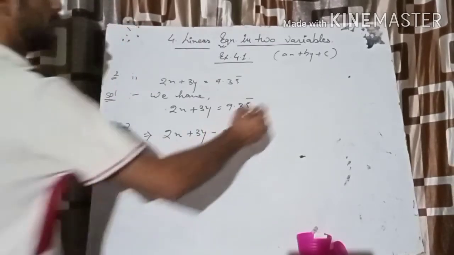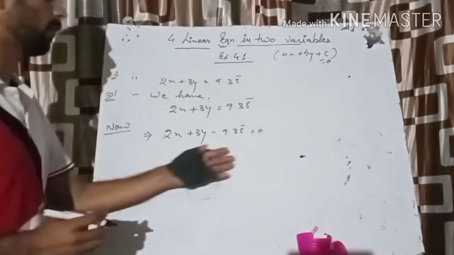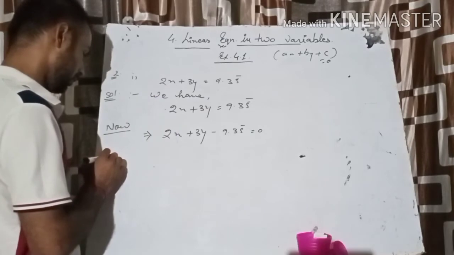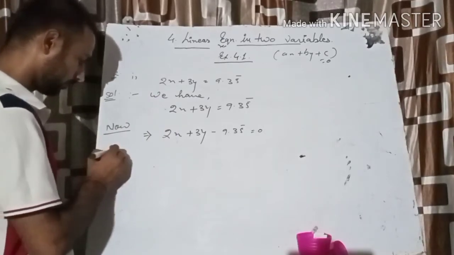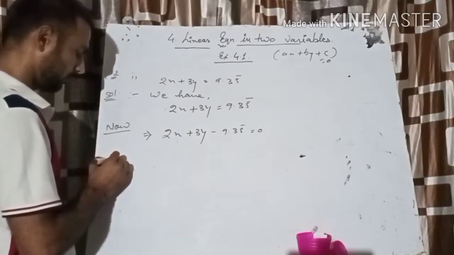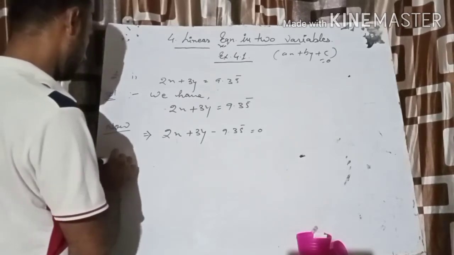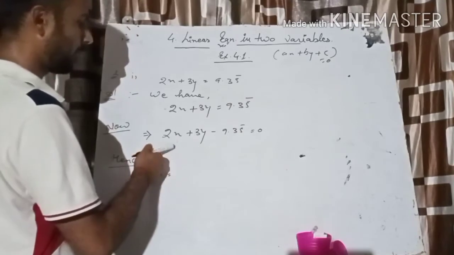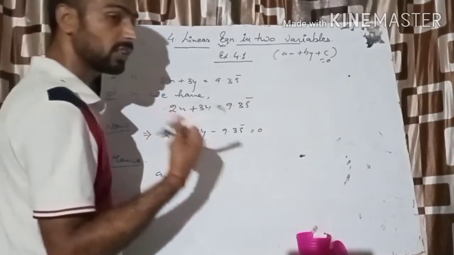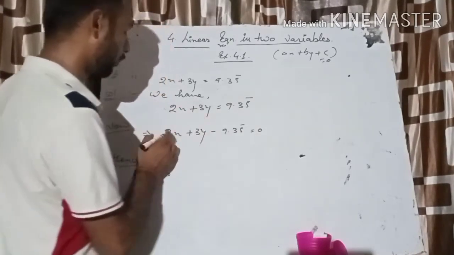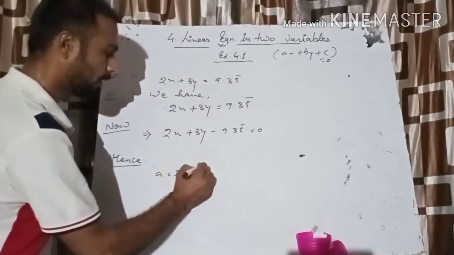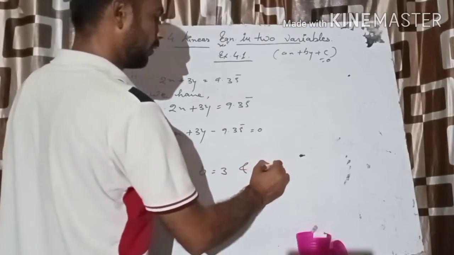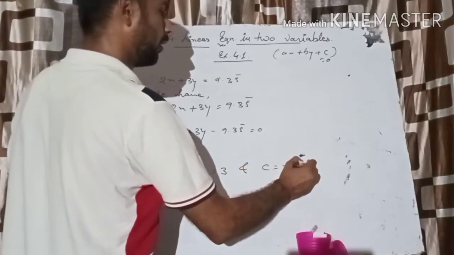So here we have already converted it into the standard form of the linear equation in two variables. Hence, compare this equation with the standard form. What is a? Here 2. What is b? Yes, 3. And what is c? c equal to minus 9.35 bar.